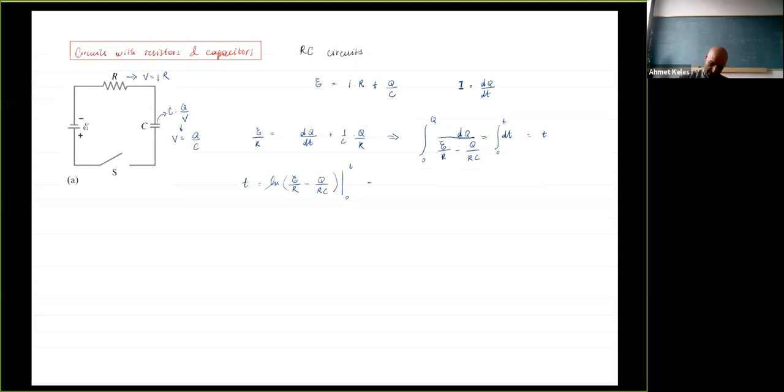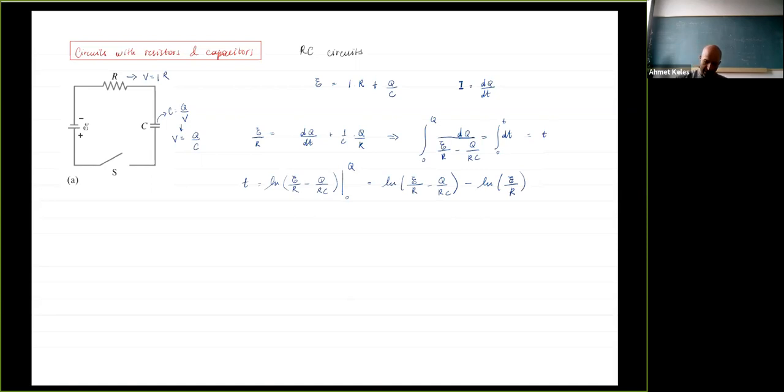Now, if I put the integral limits, I have something like this: ln of e over r minus q over rc. And we said the integral limits were from 0 to q, so that we can find things in terms of q. And this is ln, if I put q equal to 0, I have e over r.